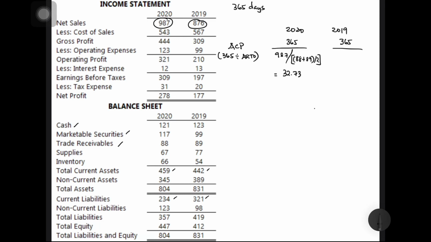So net sales again, 876 divided by, you don't average this time because 2019 does not have a prior year. So you just use 89. Answer is, by the way, let me just double rule this. Actually, you box the final answer. Do not double rule. It's 37.8. So let me just box your answers.